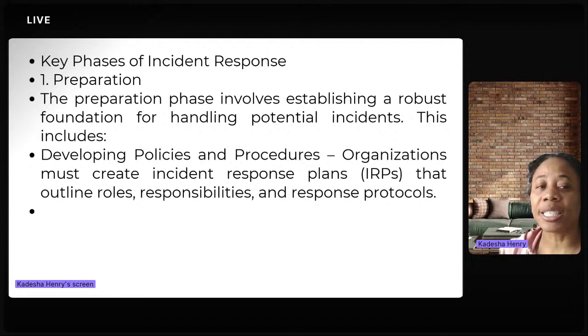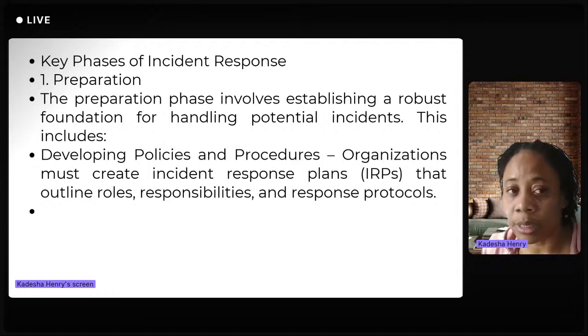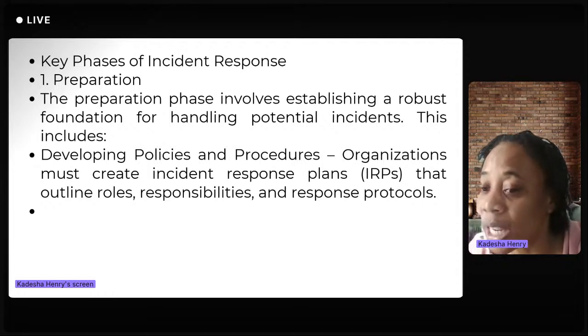One of those phases is the preparation phase. Very important. In the preparation phase, everybody comes together, everybody does the preparing of the incident response plan. Who is involved in this phase? The preparation phase involves establishing a robust foundation for handling potential incidents.